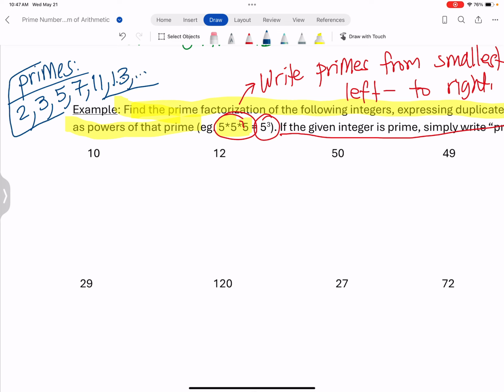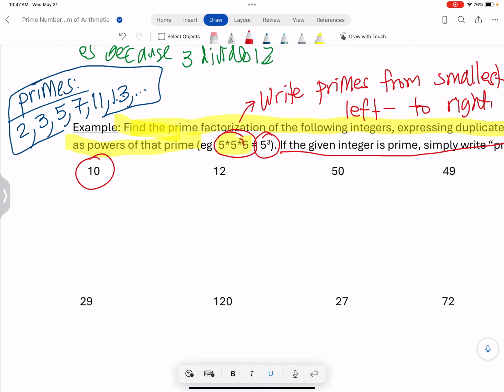So I'm going to look for any of these numbers to divide in. I usually go one at a time. Let me see. First I'm going to look at this number. Start with 10. Which of those primes divide into 10? You can start with 2 or 5, but either of them work. 10 is 2 times 5 or 5 times 2. And then once I write it as something times something, I would check, are these both prime?